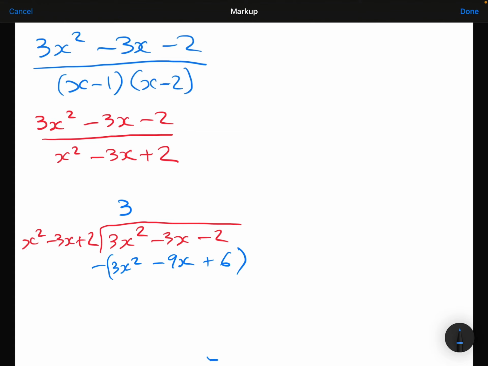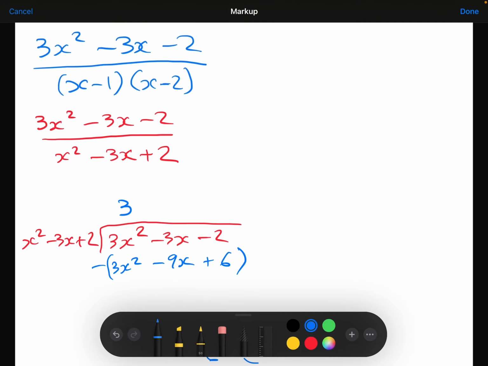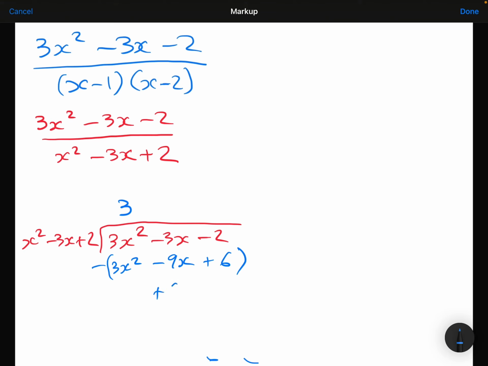So 3x squared take away 3x squared is 0. The minus 3x minus minus 9x, so minus 3x minus minus 9x will be plus 6x. And the minus 2 minus the 6 will be minus 8.